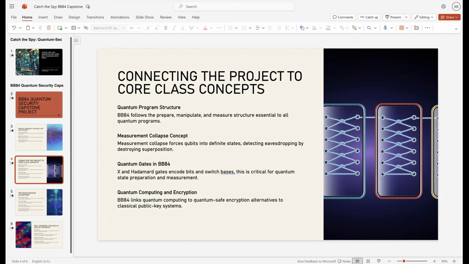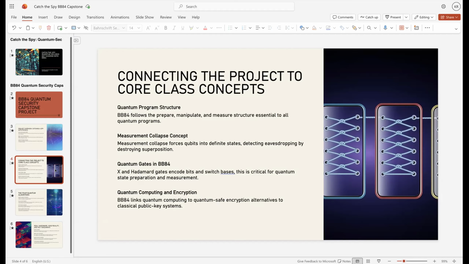And then when Eve appears, she intercepts each qubit and measures it on a random basis. So the problem is if Eve chooses the wrong basis, she changes the state of the qubit. And then when Bob measures it, the error appears in the new key, which was manipulated. And that's why we saw it on the graph. That's why you see only 25%.